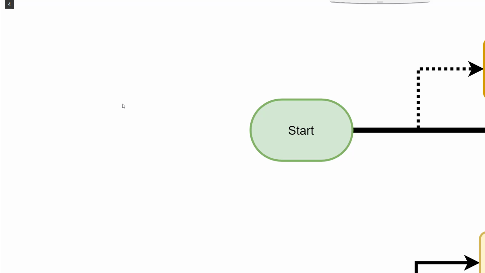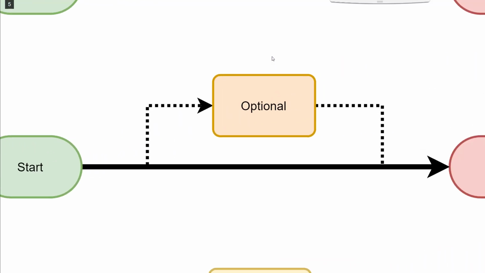You can use it however you want if it helps you solve a problem. But classically, it's sort of like an optional path. There's still this one core path through your code, but every once in a while you want some optional stuff to happen. Maybe it's setting a default value if it hasn't been set, or a classic thing would be printing out extra information, like if you're in a debug mode.